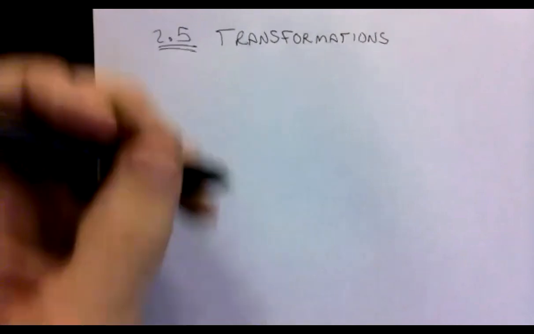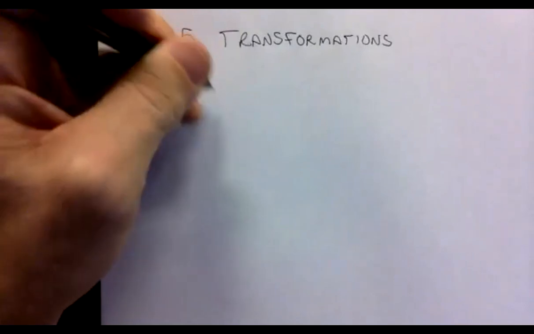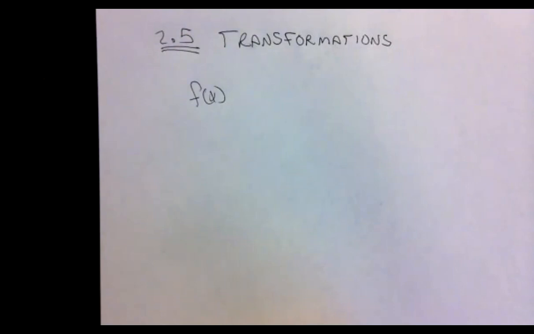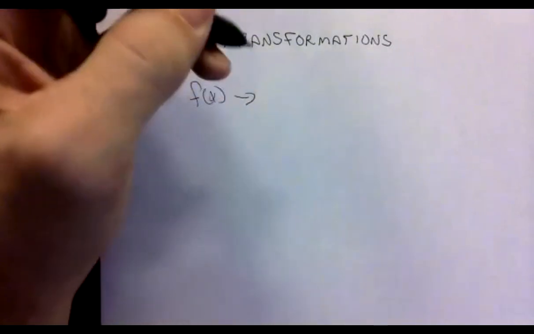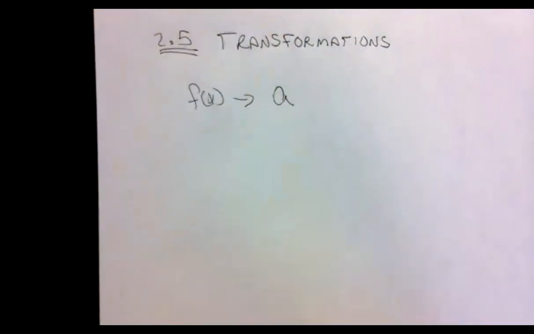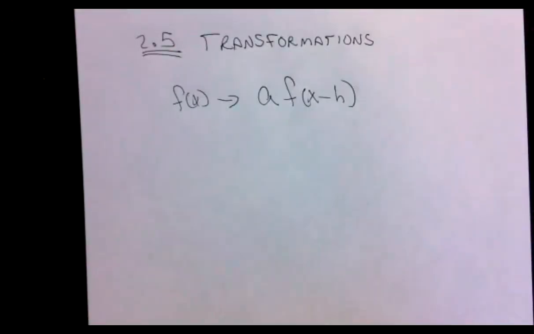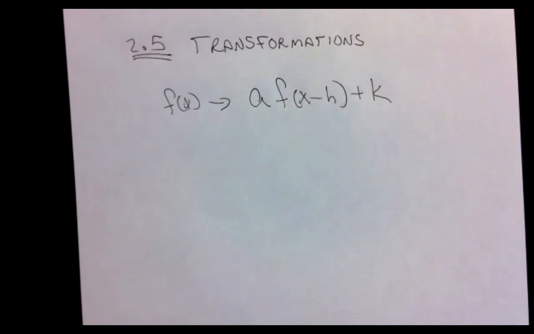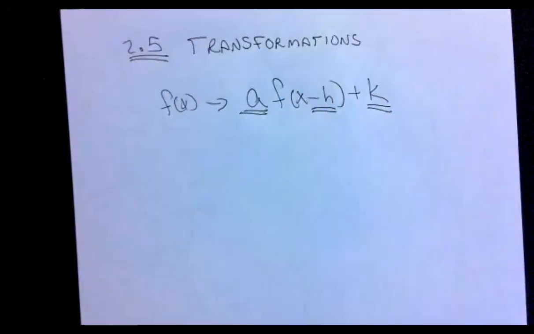So regardless of what the function looks like, you have some f of x. If you multiply a number, or add or subtract a number within the function, or add or subtract a number outside of the function, each of those pieces, parameters, has an effect.